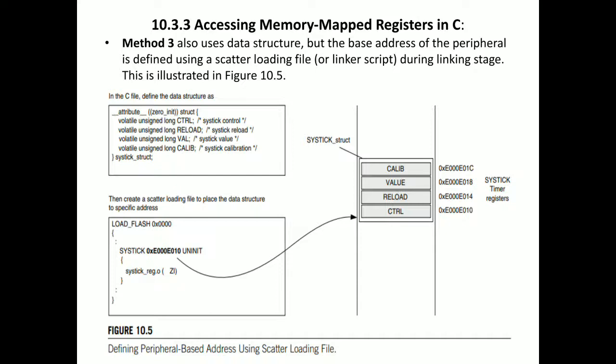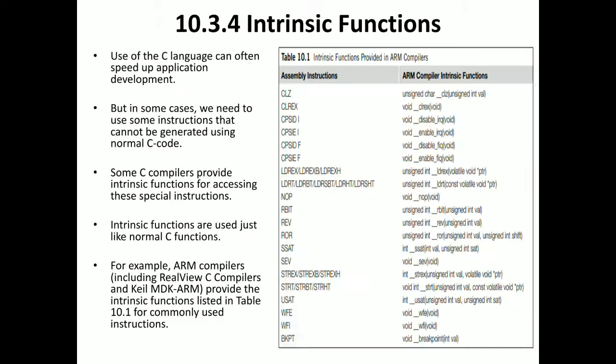The first method creates pointers, making the registers pointers. The second method creates data structures and makes each defined data structure a pointer. The third method makes a data structure and gives the starting address as the base address from the scatter loading script. These are the three methods to access the memory map.